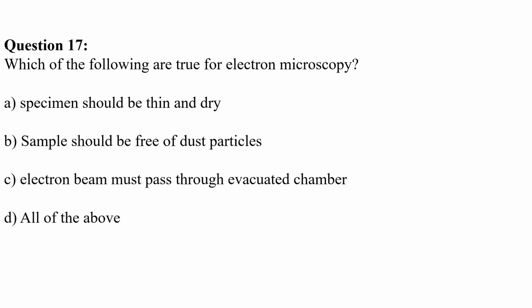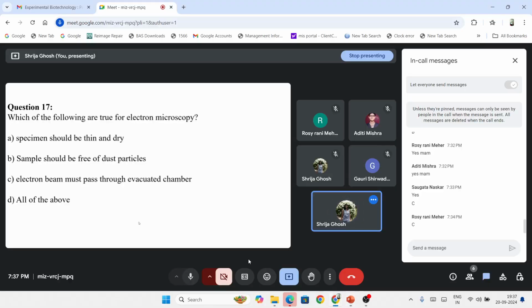And option D, all of the above. Which of the following are true for electron microscopy? Option A, specimen should be thin and dry. Option B, sample should be free of dust particles. Option C, electron beam must pass through evacuated chamber. And option D, all of the above.